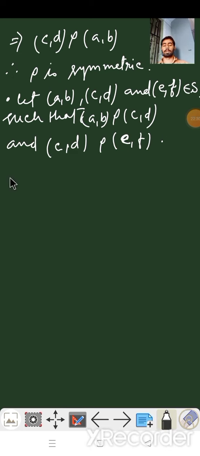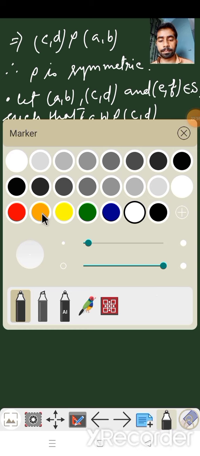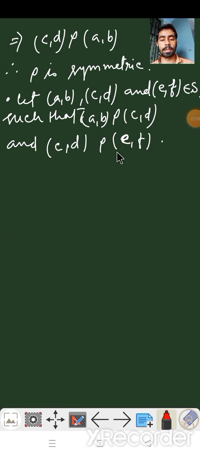Then we will check is AB related to EF or not. If they are related, then we can say that rho is transitive.